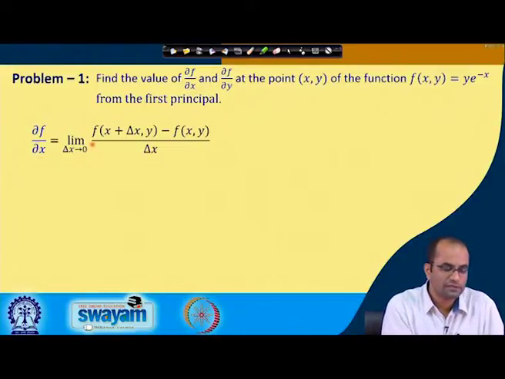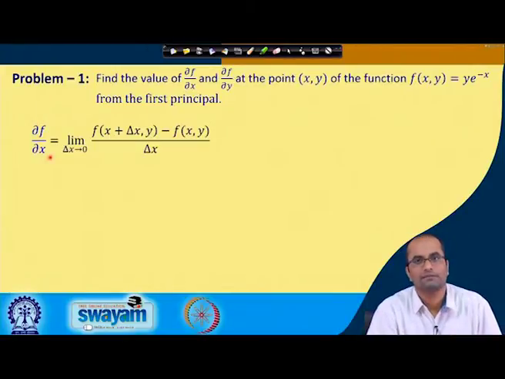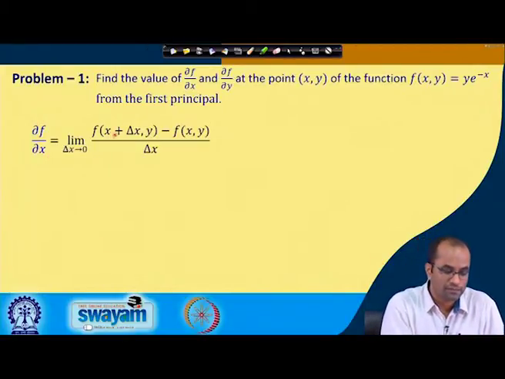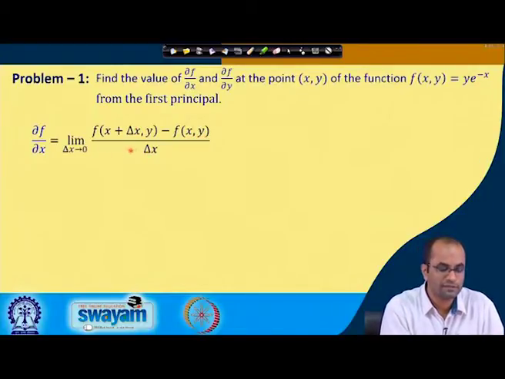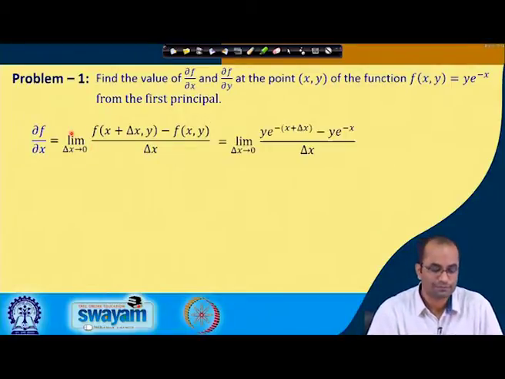So, the definition says that we have to make an increment in x, because we are talking about the partial derivative with respect to x. So, f(x plus delta x, y) minus the function value at x, y, which is f(x, y), divided by this increment delta x, and then taking the limit as delta x goes to 0.